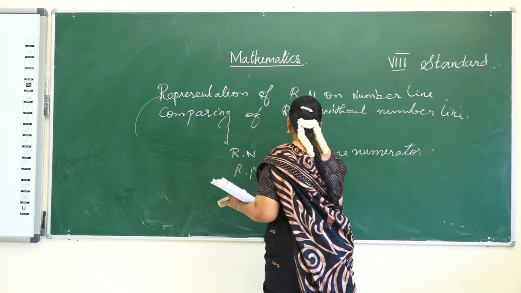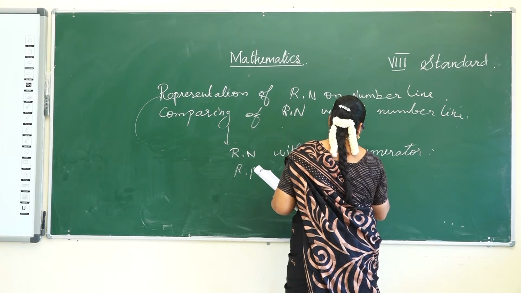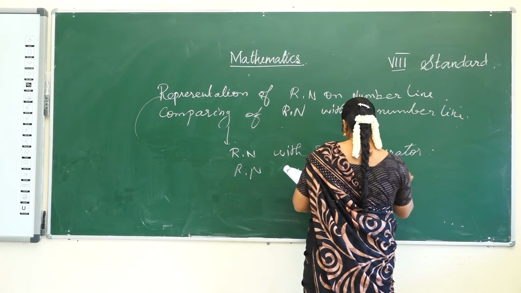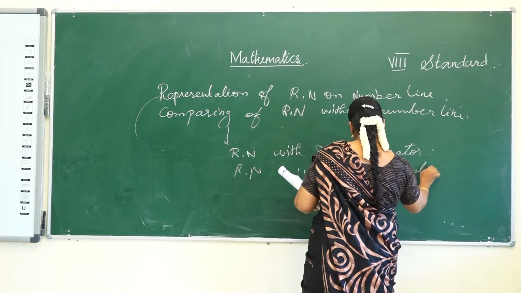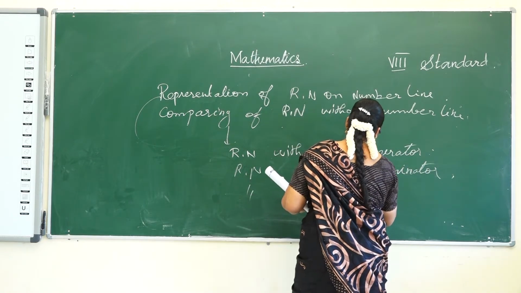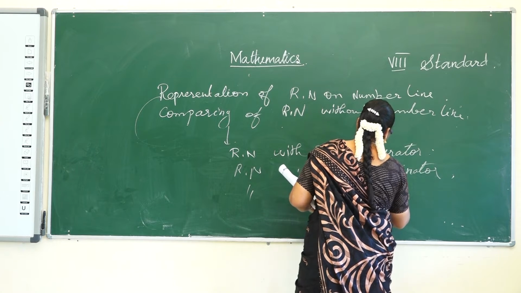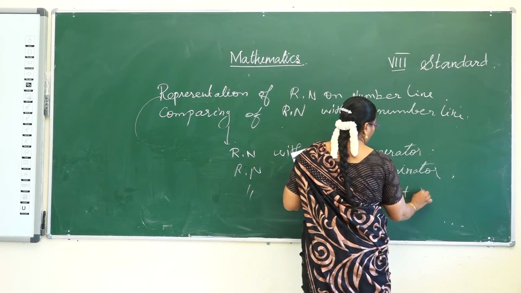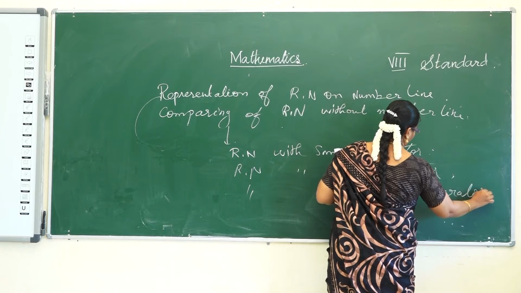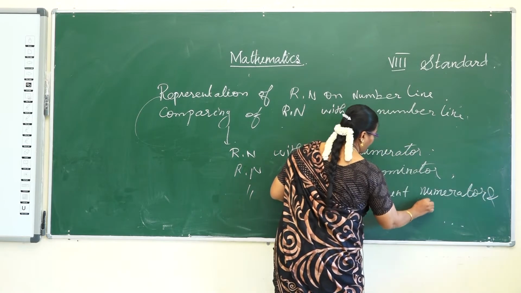Second one, rational number with same denominator. And then rational number with different numerator and denominator.